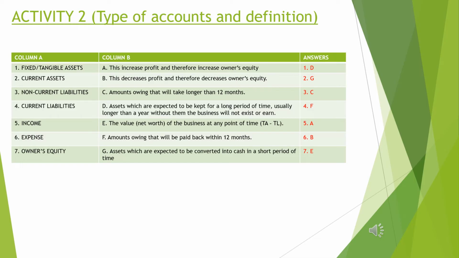So longer than a year, it's non-current because it's beyond an accounting period, which means the intention that we have, or we bought these particular assets not for resale purposes, but to keep and use. So our intention is of a long-term view.